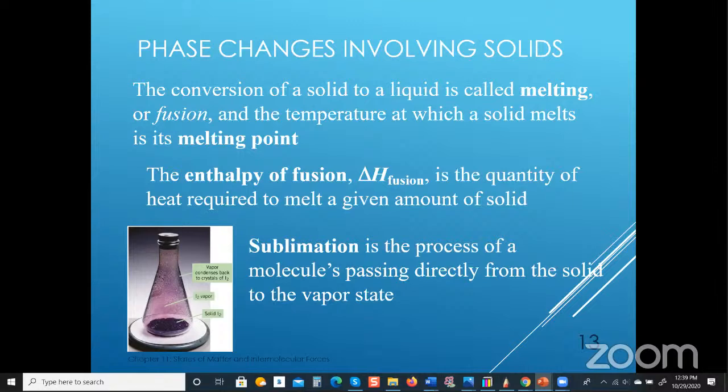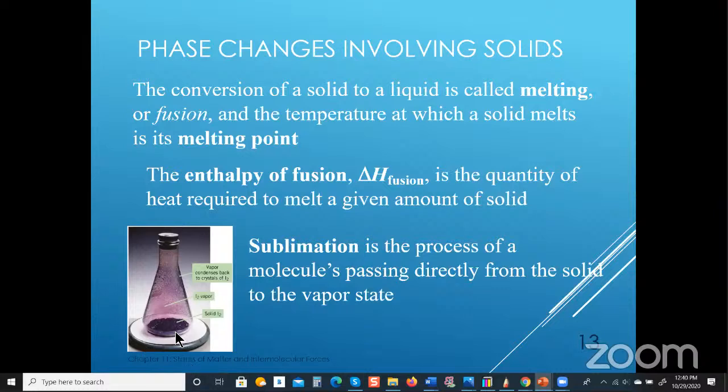If you take a piece of dry ice and put it on a surface under normal room temperature conditions, then we all know what's going to happen. The piece of dry ice will shrink. You'll see vapors emanating from it. And that's because the dry ice is undergoing sublimation. So that's one example of sublimation.